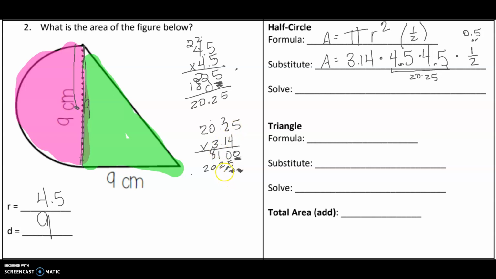So 3 times 5 is 15. 3 times 2 is 6, and 1 is 7. 3 times 0 is 0. 3 times 2 is 6. Add those up. 0, 5, 5, 6, 7, 8. 7 and 7 is 14, and 1 makes 15. That would be 3 and 6. 1, 2, 3, 4 digits behind the decimal.